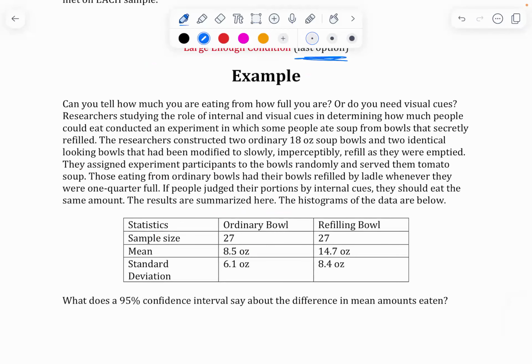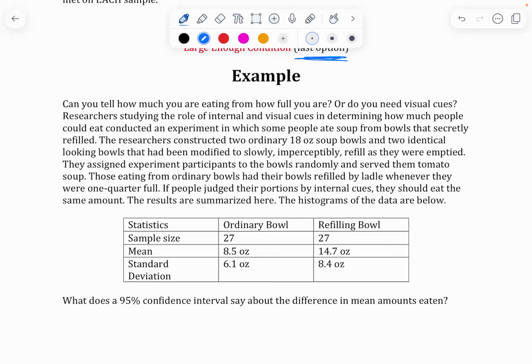Let's look at an example. Can you tell how much you are eating from how full you are? Or do you need visual cues? Researchers studying the role of internal and visual cues in determining how much people eat conducted an experiment in which some people ate soup from bowls that secretly refilled.